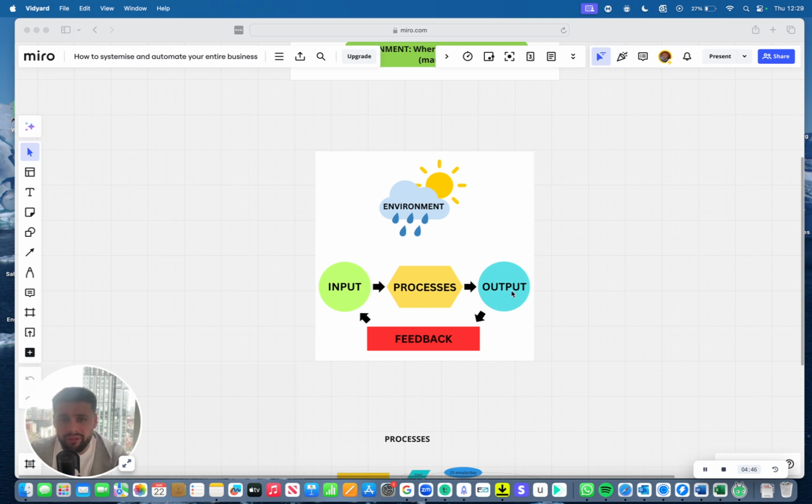And then the output of that is, of course, the outcome from the inputs getting processed. And then throughout this whole process, this whole system, we are collecting the feedback, okay? We're tracking, okay? We're collecting data. And we are using this feedback to then iterate and improve our system as a whole so that it's just getting better and better, okay?